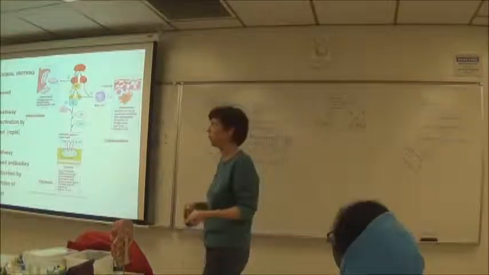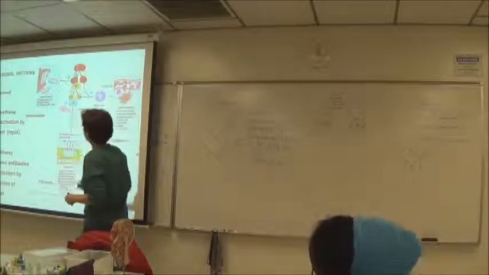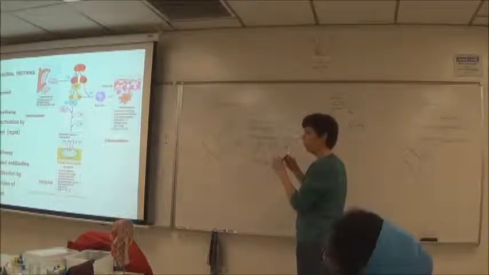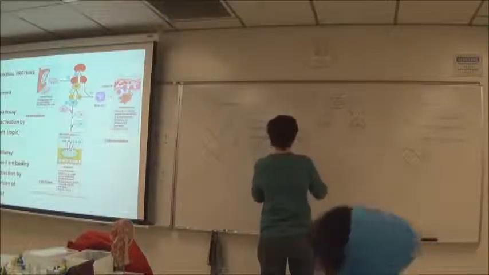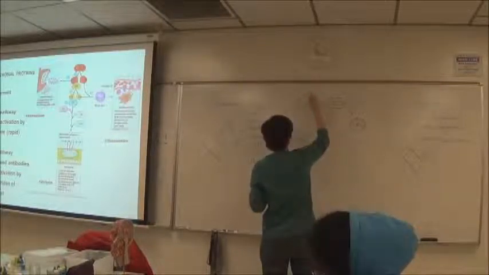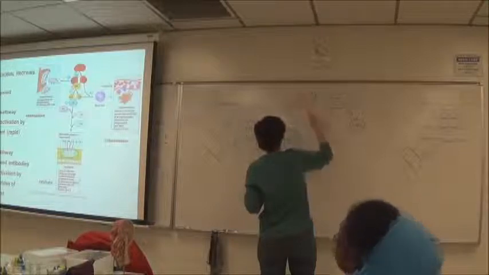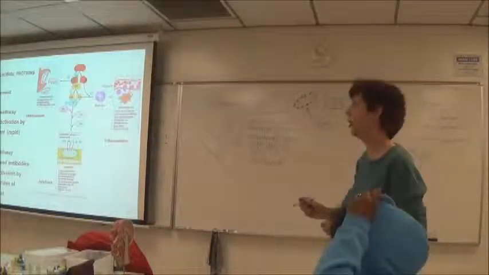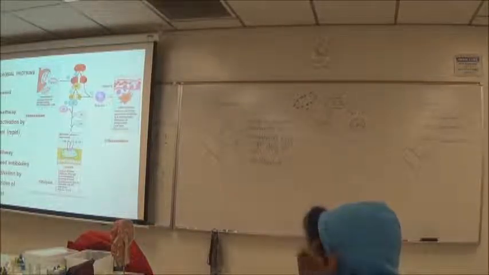You don't have to know it's C3 versus C6. Okay? So C3 is going to bind to the surface of bacteria and coat its surface with C3b. That's one event that can occur as a result of complement activation.